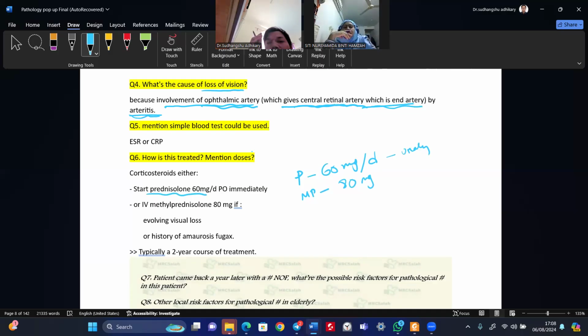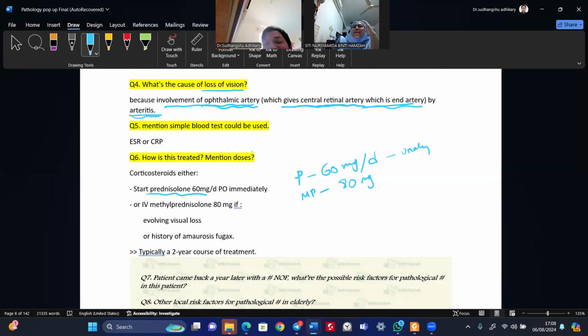Because the central retinal artery has been damaged, because it comes from the ophthalmic artery.